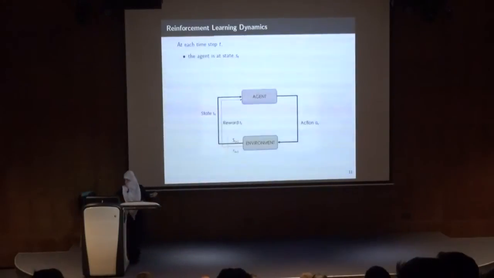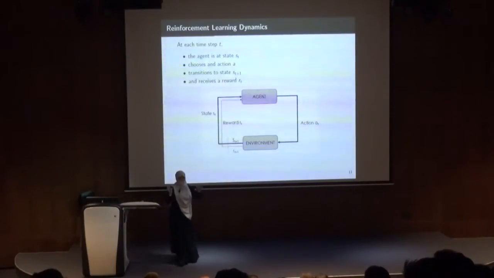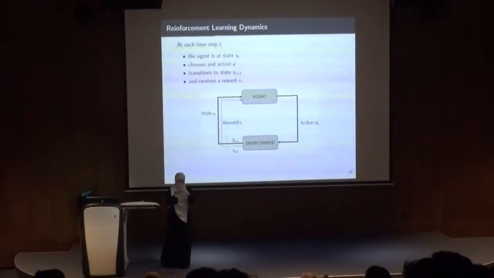So now, the dynamics of reinforcement learning. Let's say we have a discrete time domain. At a certain time step t, I am in a certain state S_t, and I know what the state is.